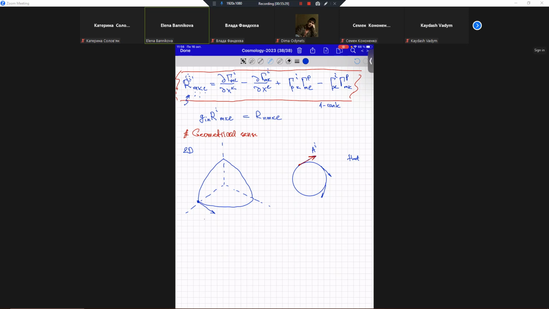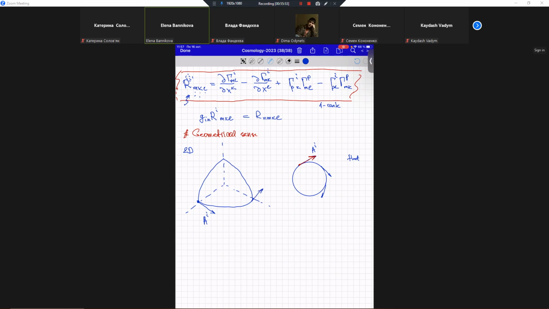And this is the vector A_i. If I move this vector and come with it to this point, parallel passing along this contour, it will be like this here.